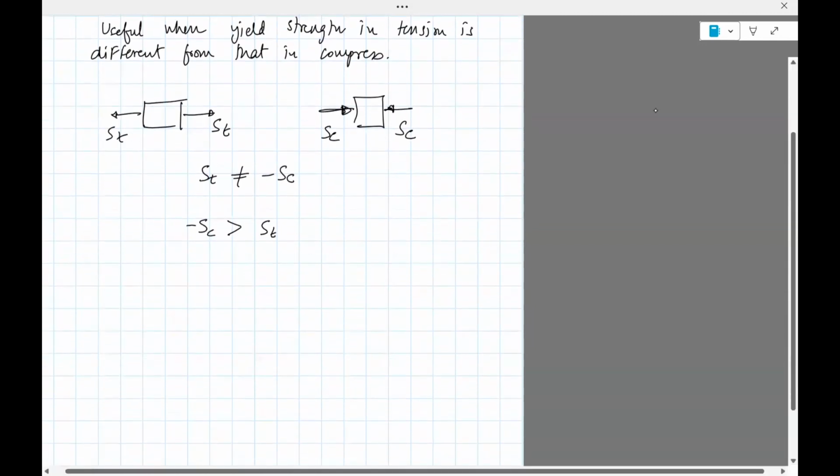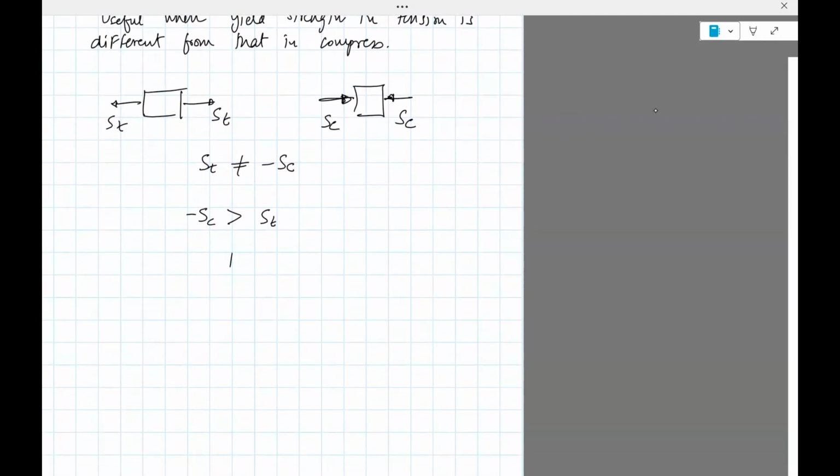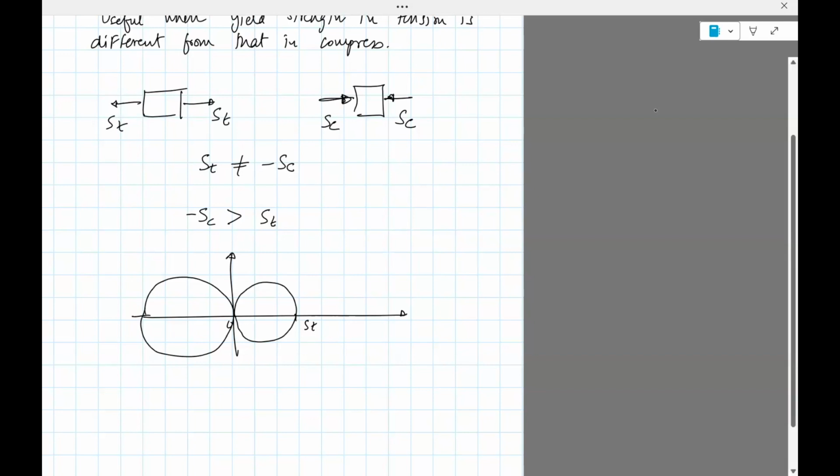So when you draw a plot, actually a Mohr circle for tension, you'll get something like this, ST. For compression, you'll get a bigger circle, minus SC.